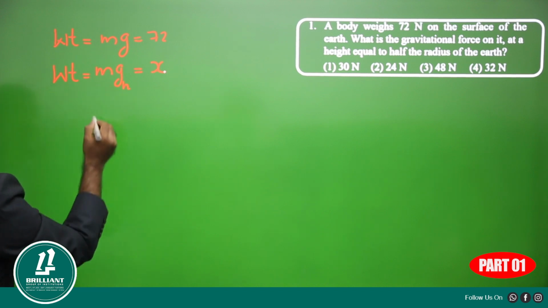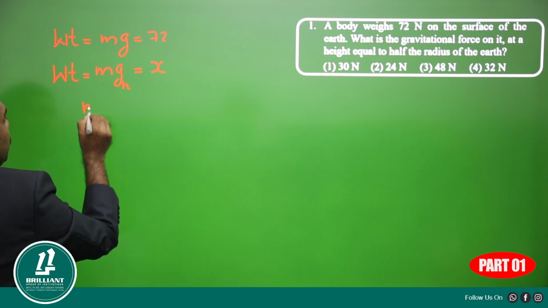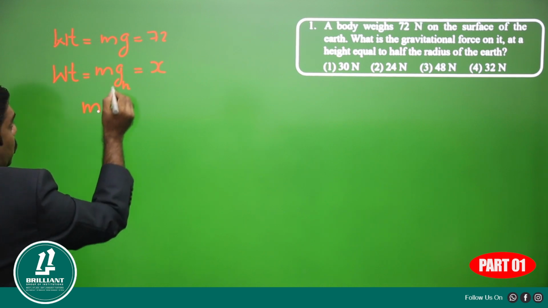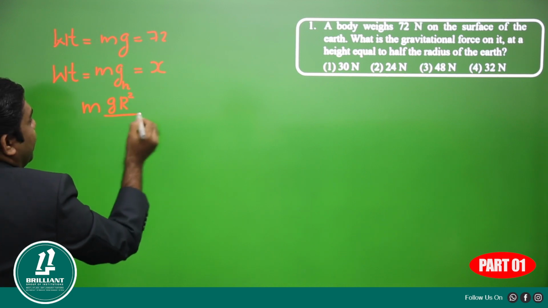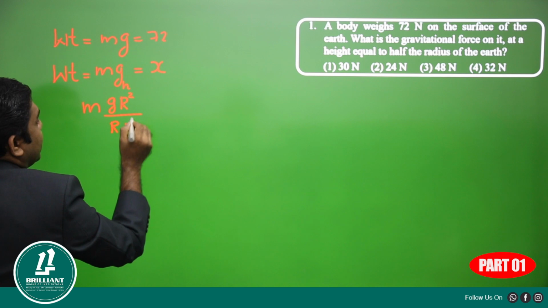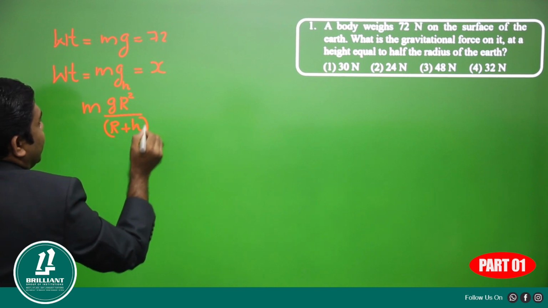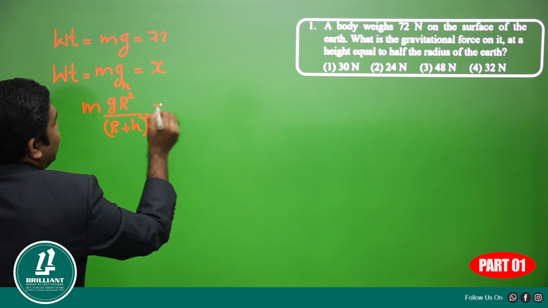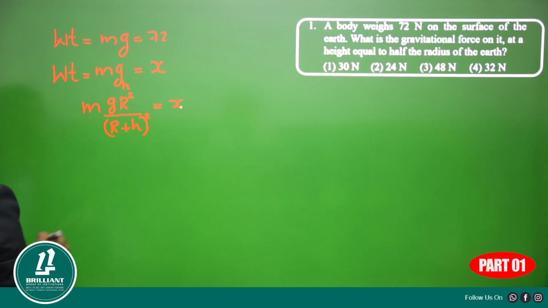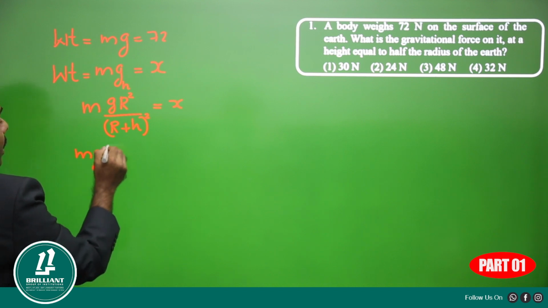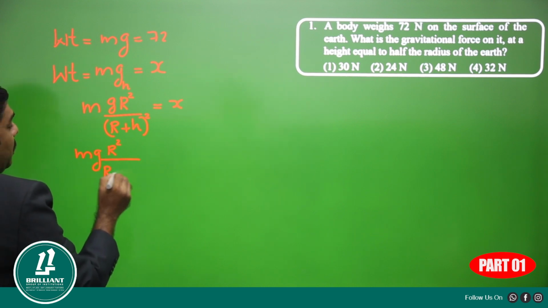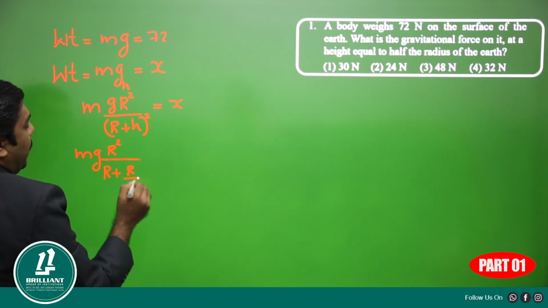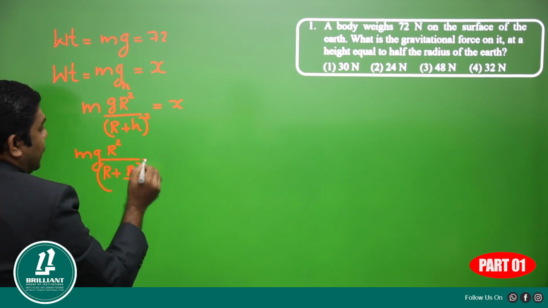This gh value we studied, there is an equation for that. m into gh is m g R squared divided by (R plus h) the whole squared, that is equal to x. Now the h value we can substitute there: m g R squared divided by (R plus R by 2) the whole squared.